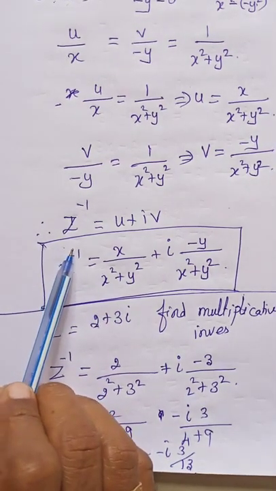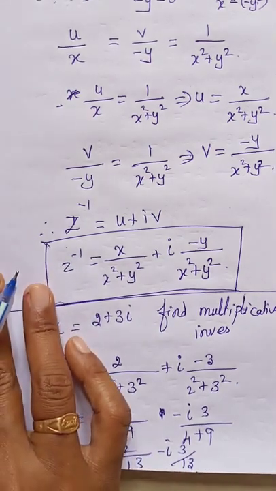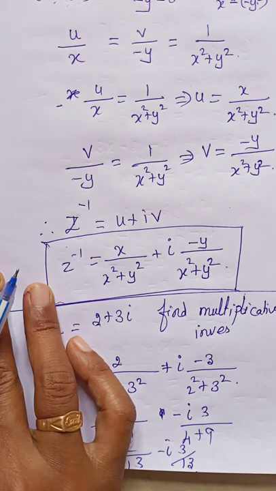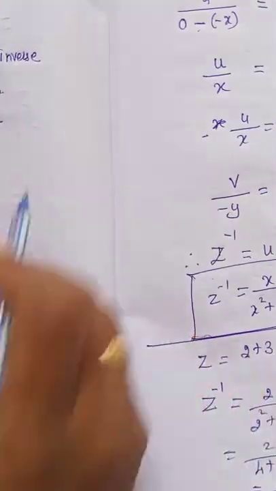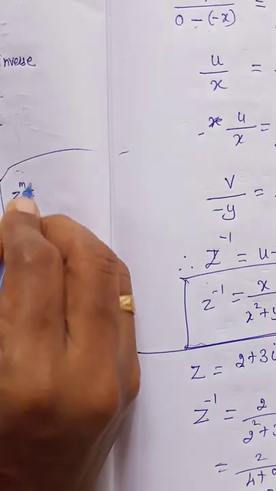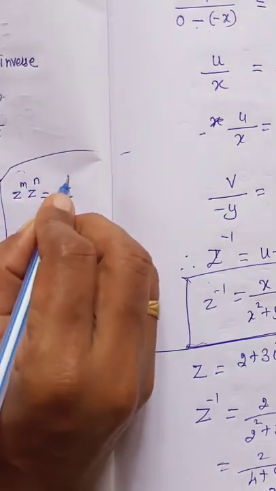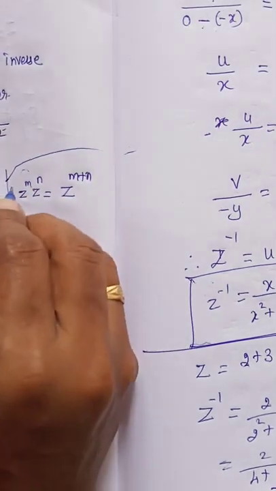Other properties are not necessary. Like our other algebraic sums, these complex numbers also obey the law of indices. What is that law of indices? Anyone? See, z power m into z power n is equal to z power m plus n. This is one.